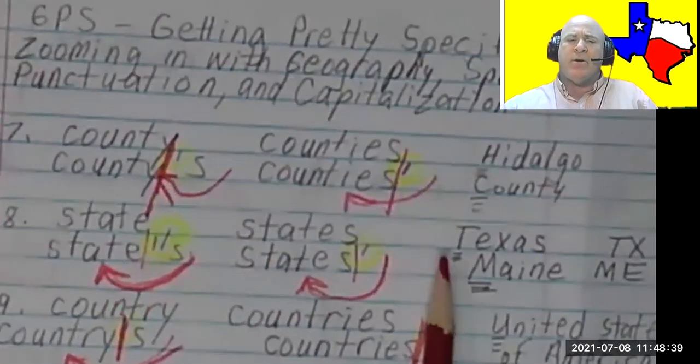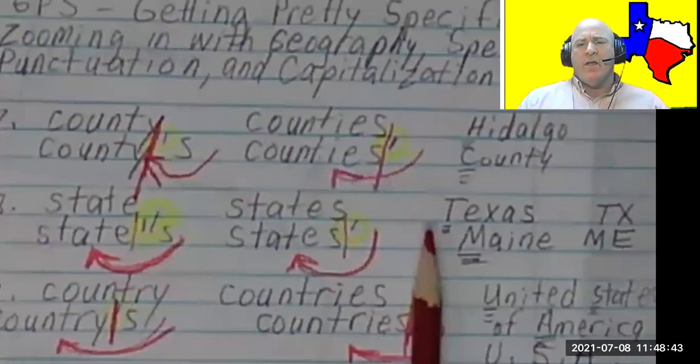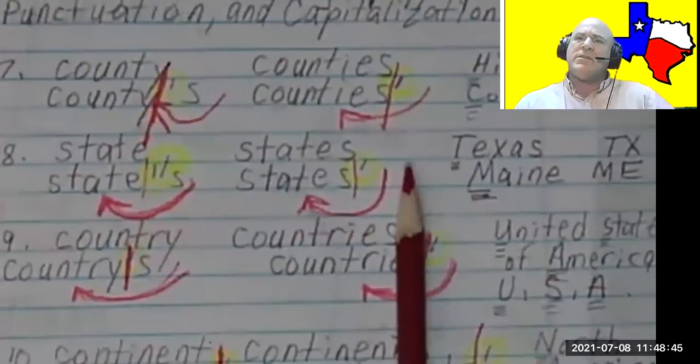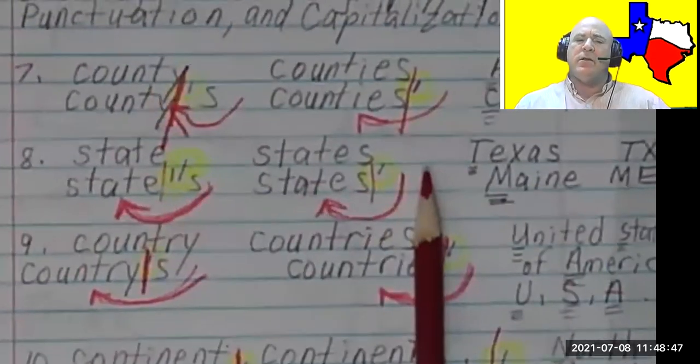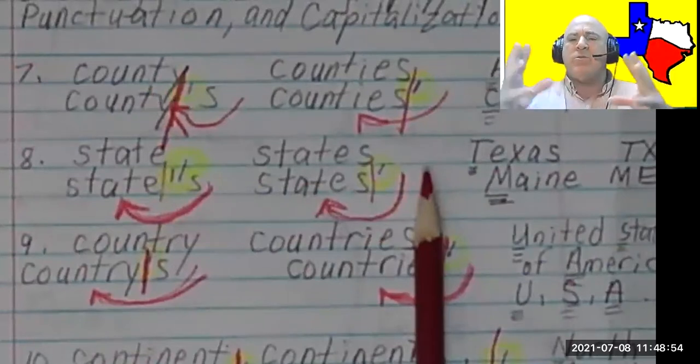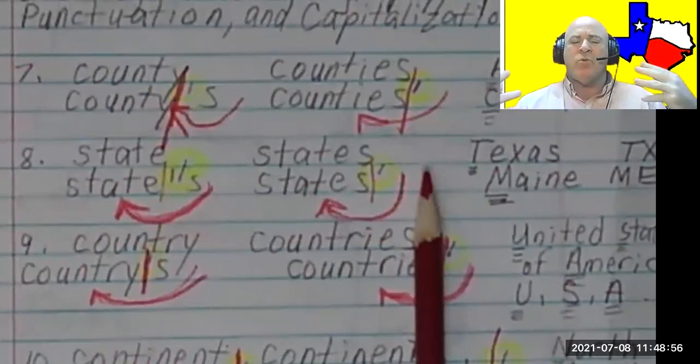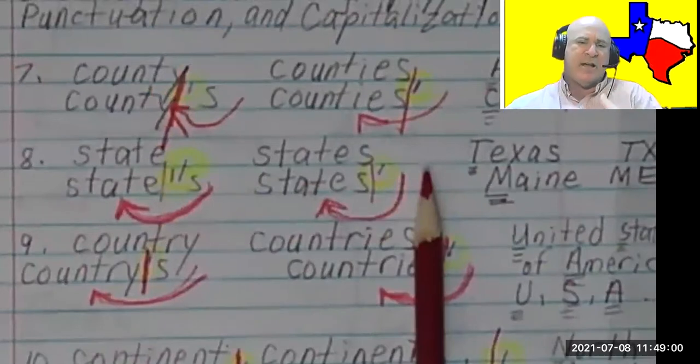County. Number 8, let's get a little bit bigger than a county, a state. If you ask your students, what state do you live in? Some kids will say the name of their county or their city because they don't know the difference. And so we will be able to fix this during this geography slash spelling lesson.